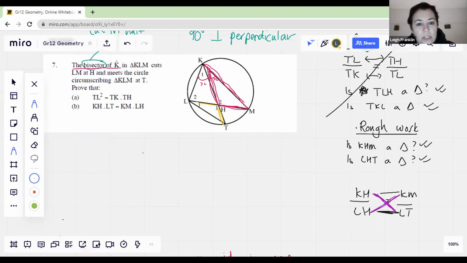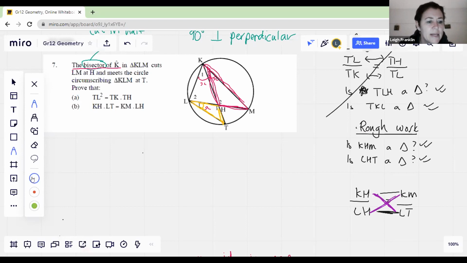Now remember, Matrix, we can only work with angles that are inside the pink triangle or angles that are inside the yellow triangle. We actually already know that that angle over there is equal to X from the previous question.